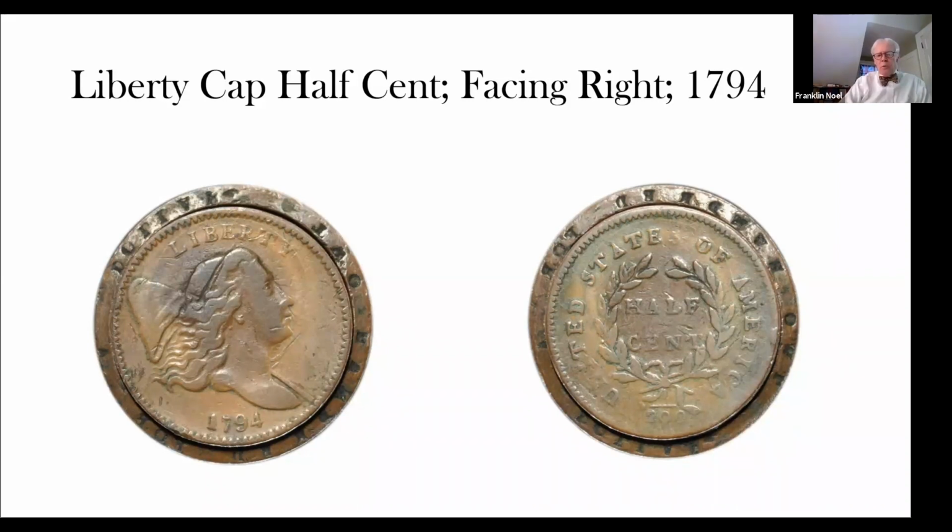We won't go through the diagnostics of all 9 of the 1794 die varieties, so let's just say some are more common than others. If you are working on a typeset or a date set of US half-cents, you shouldn't have much difficulty in locating an affordable 1794 specimen with nice eye appeal. This is a fairly common 1794 C2.